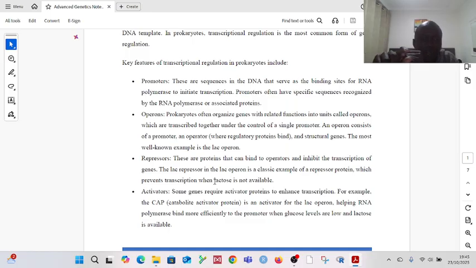Then in addition to the promoter and the operator, now come the genes, which are grouped together. So an operon has the promoter section, it has an operator, then it has the genes which are controlled by the single promoter.